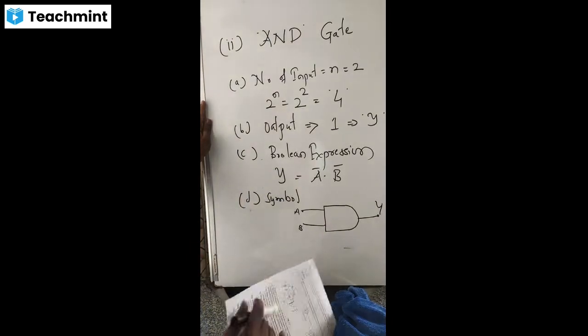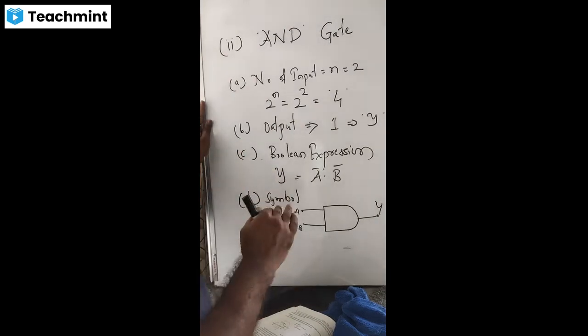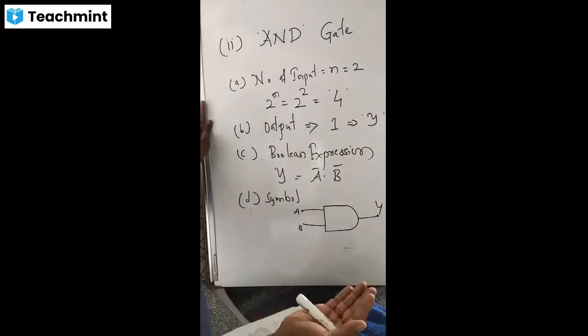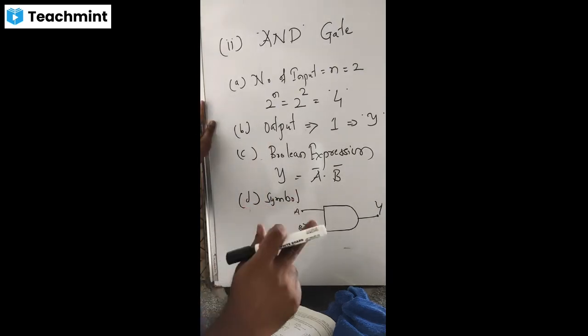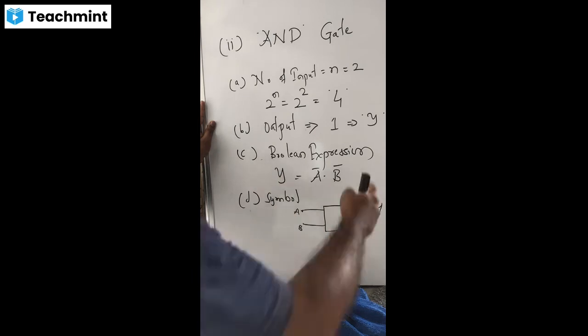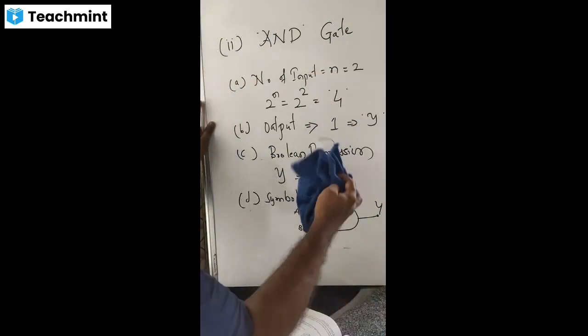That is why the meaning of OR is clear: either A is coming or B is coming, that is an OR gate. But here, not any one. Here, the combined effect of both inputs will be appearing. So now let us draw the truth table.